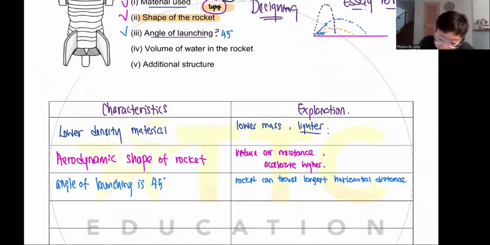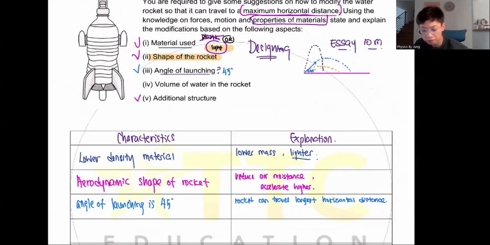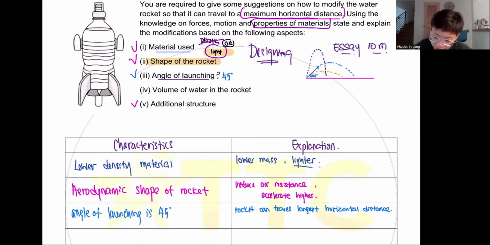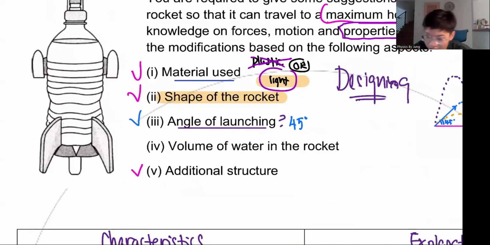Next, volume of water is a bit complicated, so we talk about the additional structure first. Guys, in order for your water rocket to travel, what additional structure do you need to add to the water rocket? Okay, Ganesh, you did this before.